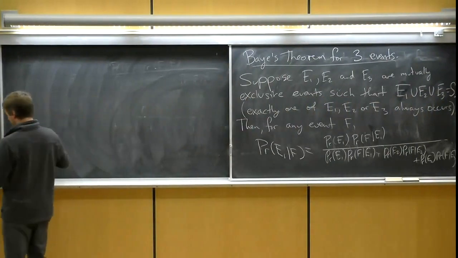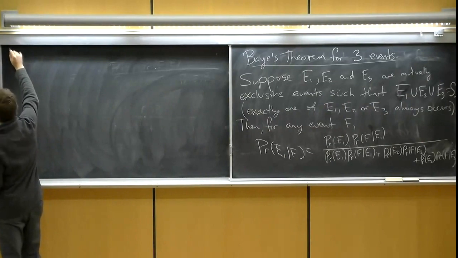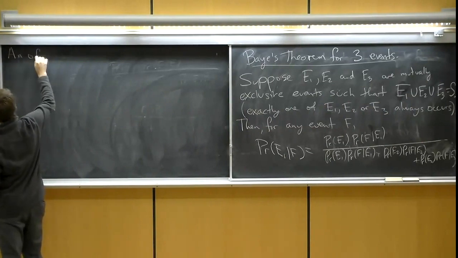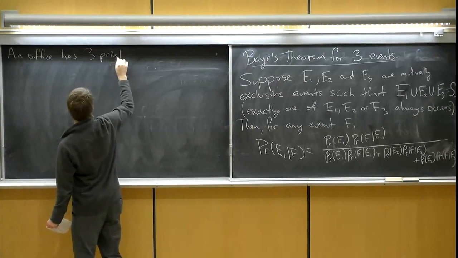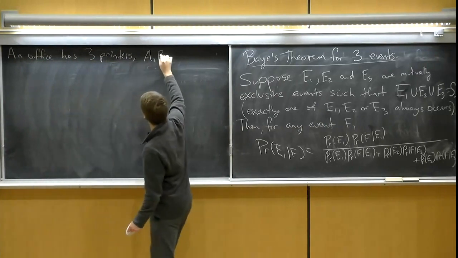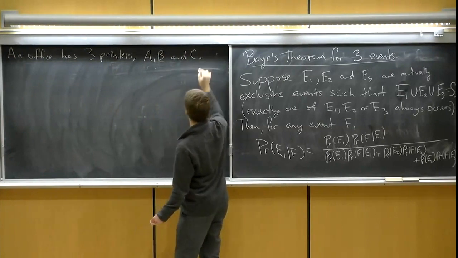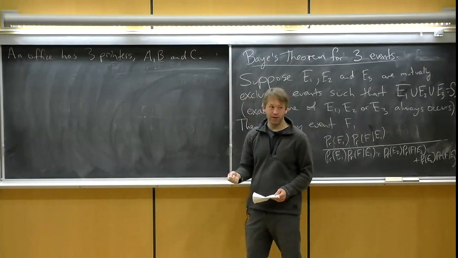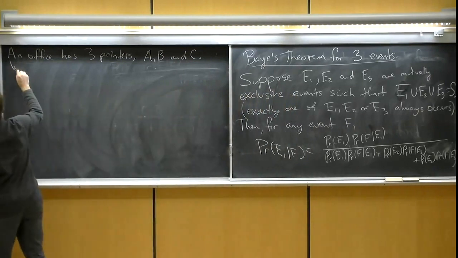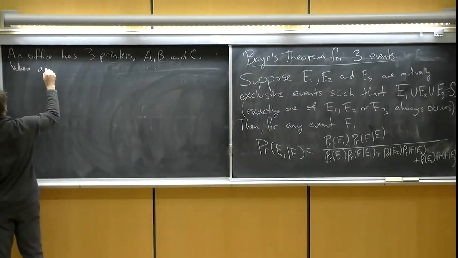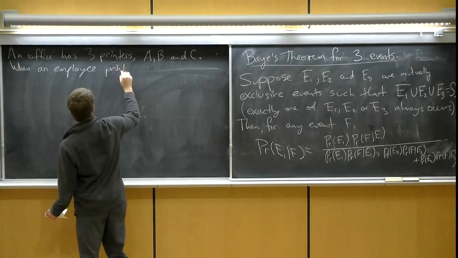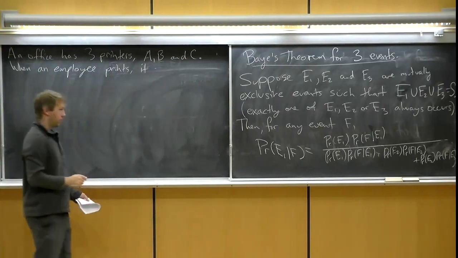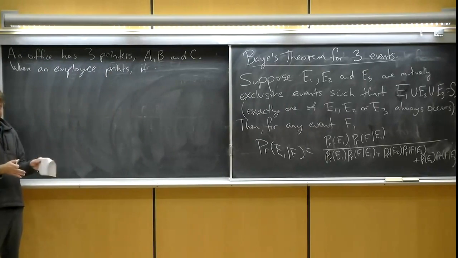Okay, so let's do an example using this multiple event formula. An office has 3 printers, printer A, B, and C. When an employee prints, for some reason they can't select the printer. It just goes to a random printer, with some weird probabilities.